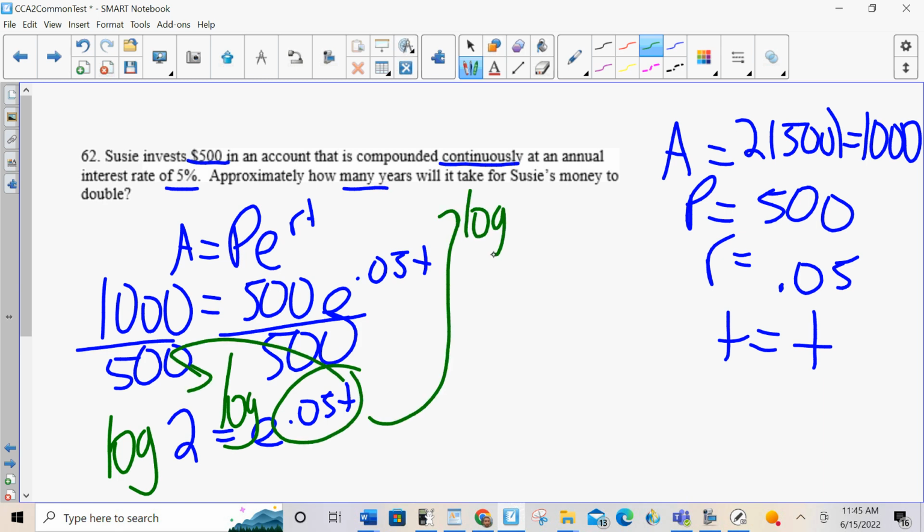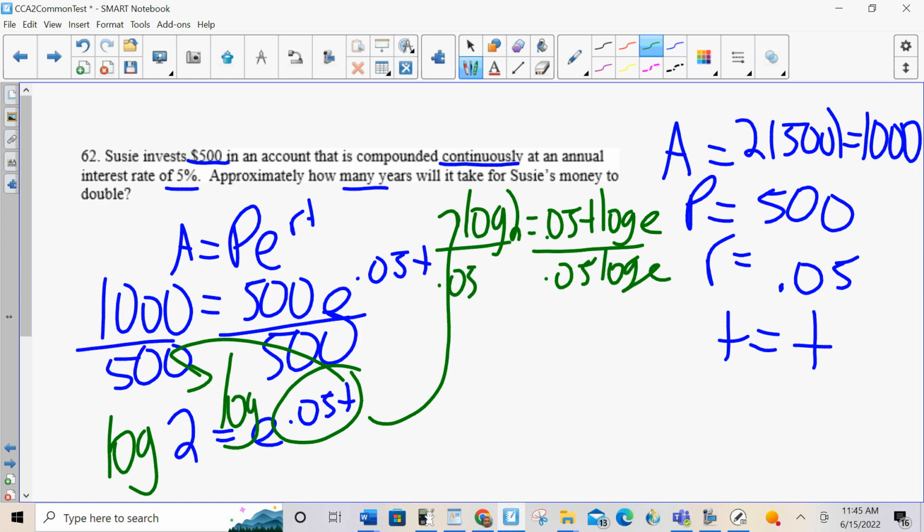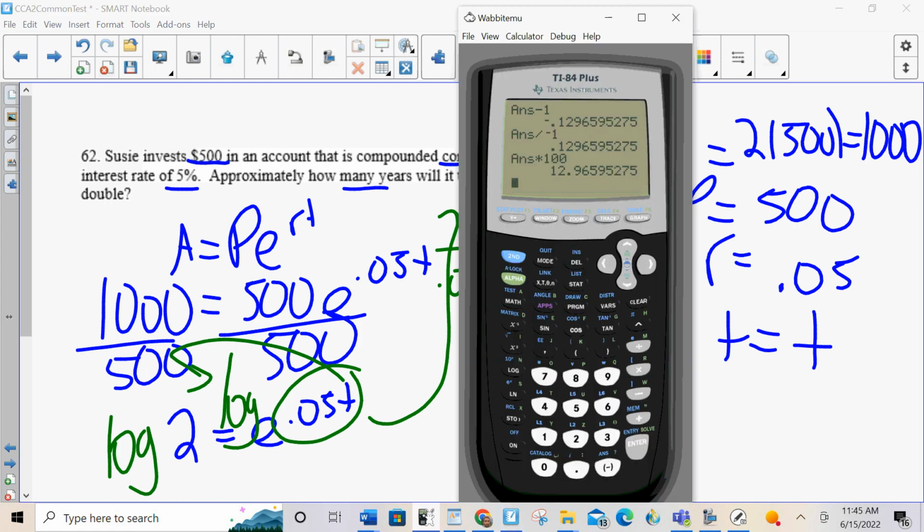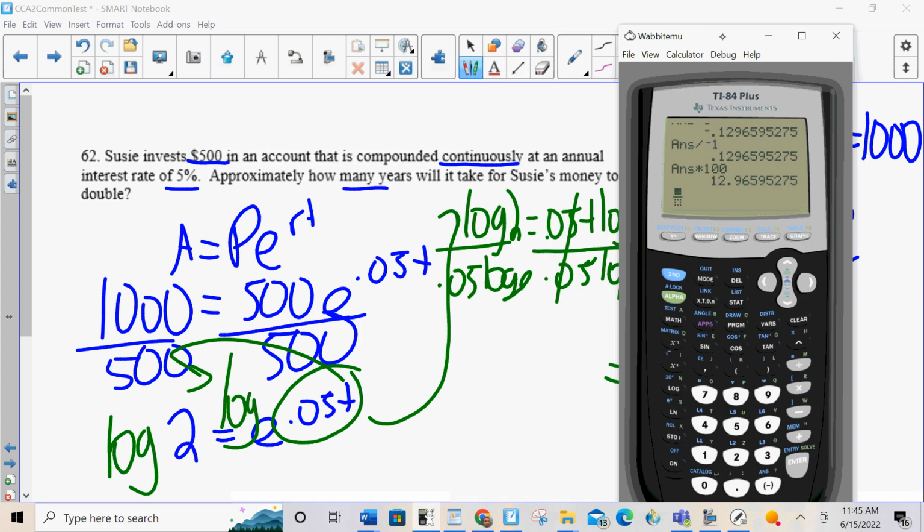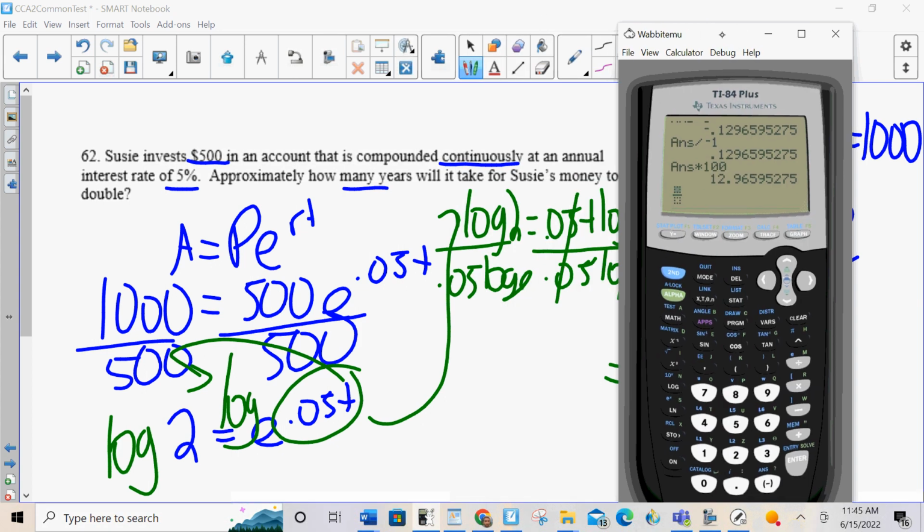Log 2, the exponent comes in front, 0.05t log e. To get the t by itself, I divide both sides by 0.05 log e. I go to my calculator: log 2 over 0.05 log e.